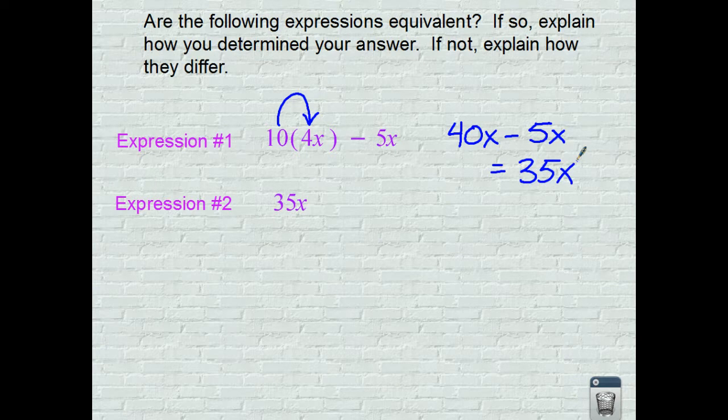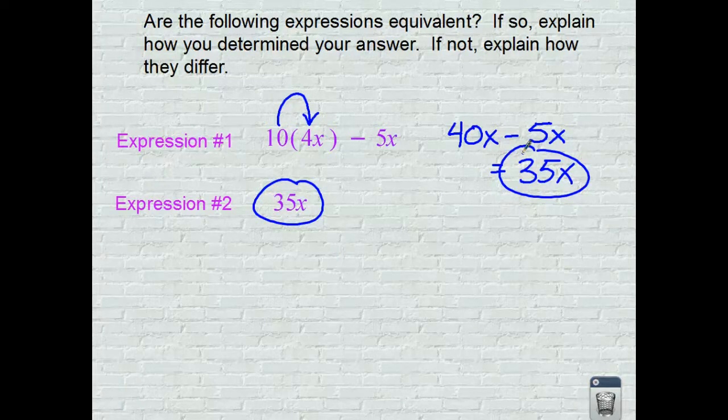So is expression 1 equivalent to expression 2? Yes, they are equal. And it says, if so, explain how you determined your answer. Well, I was able to use my order of operations. I combined my like terms, my x's, and I was able to notice that we have equivalent expressions.